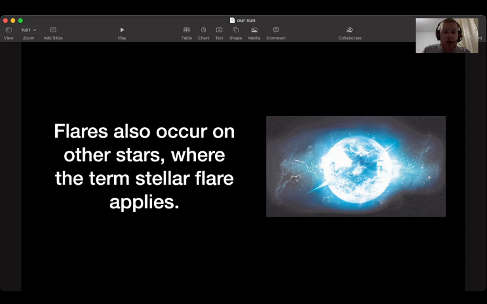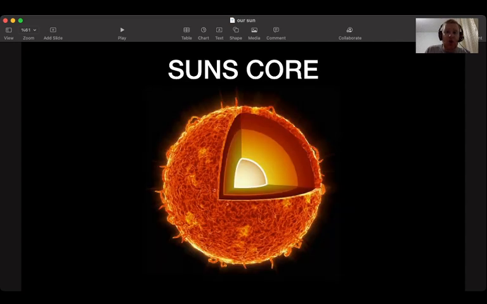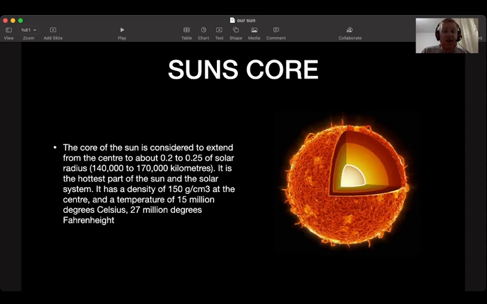So, next, the sun's core. The core of the sun is considered to extend from the center to about 0.2 to 0.25 of the solar radius, which is about 140,000 to 170,000 kilometers.